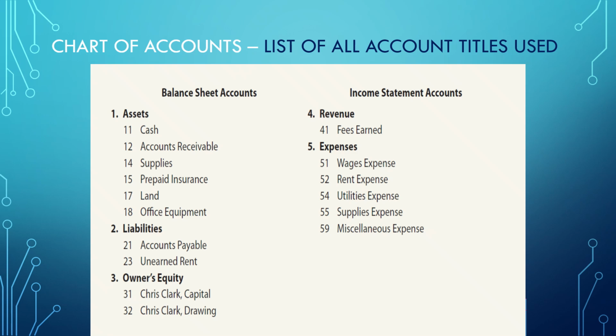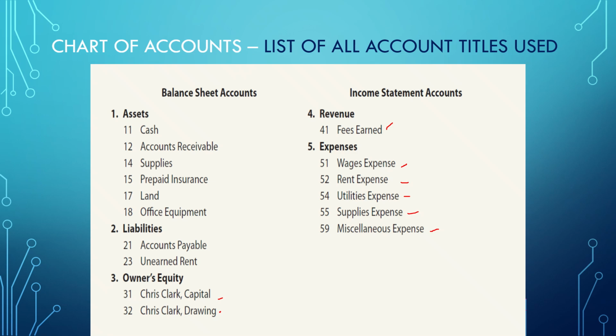And we have the owner's equity. The most common is the capital and the drawing accounts. And for the revenue account, we have the fees earned, the consulting revenues, service revenues, and whatever income accounts. Expenses, normally we have the wages, rent, utilities, supplies, miscellaneous, and all other possible expenses that the company might incur.